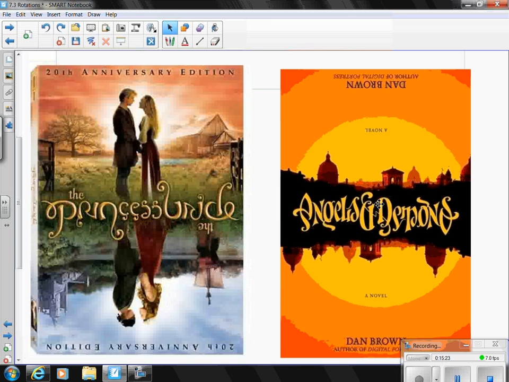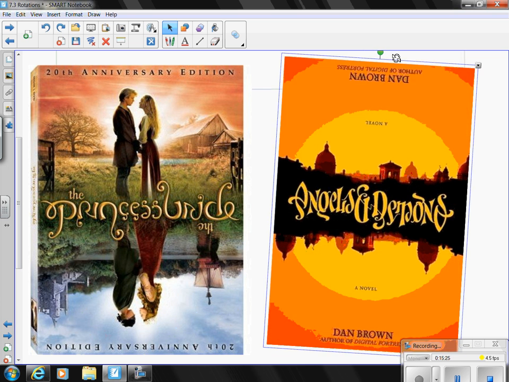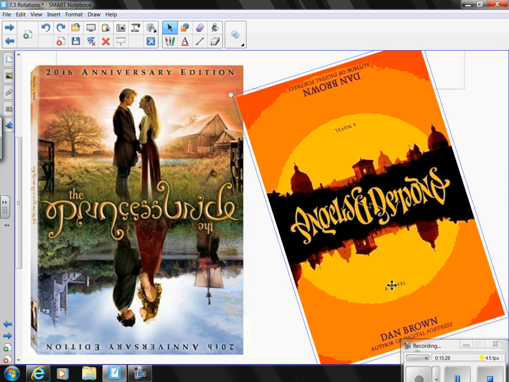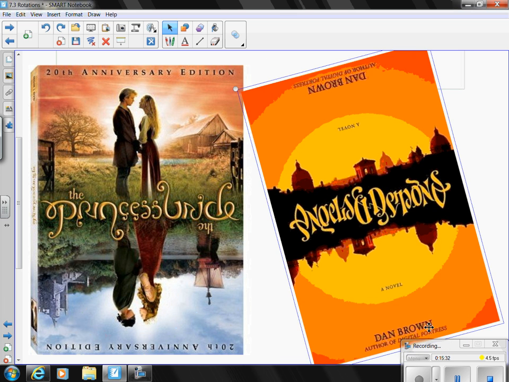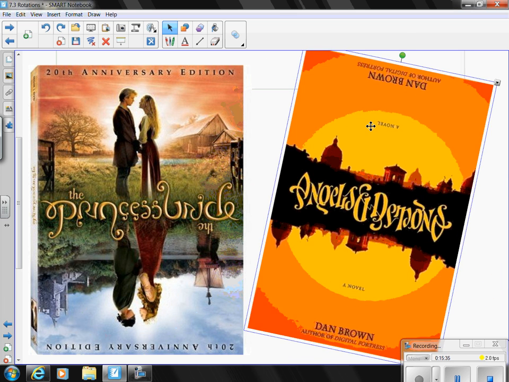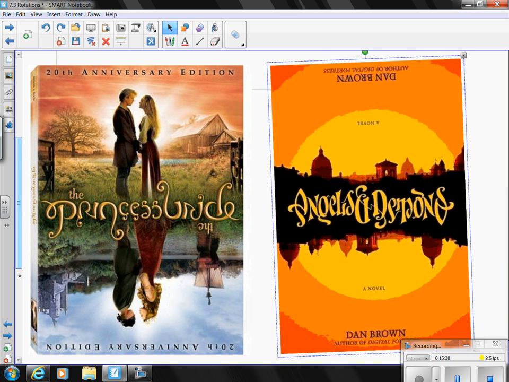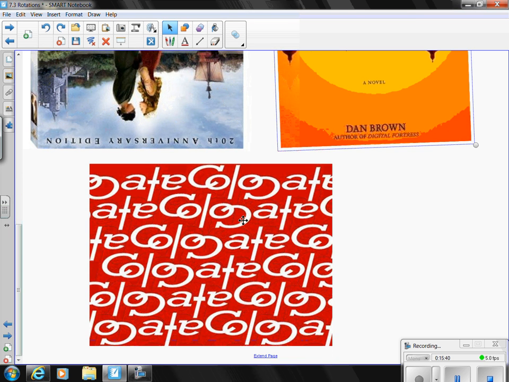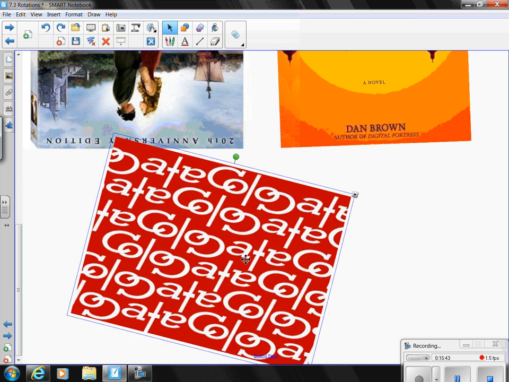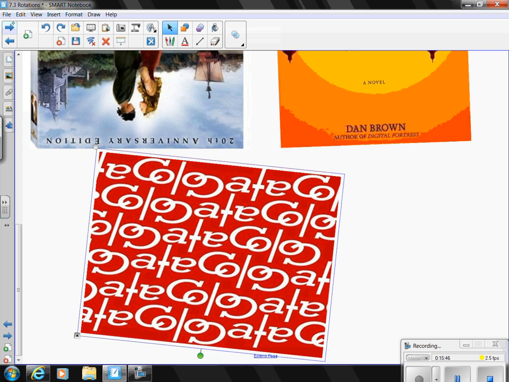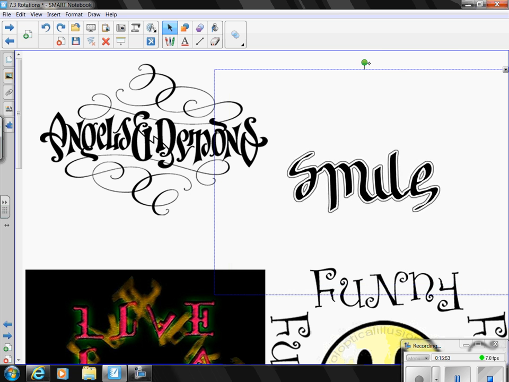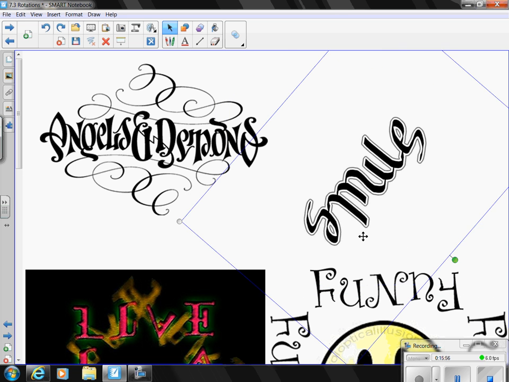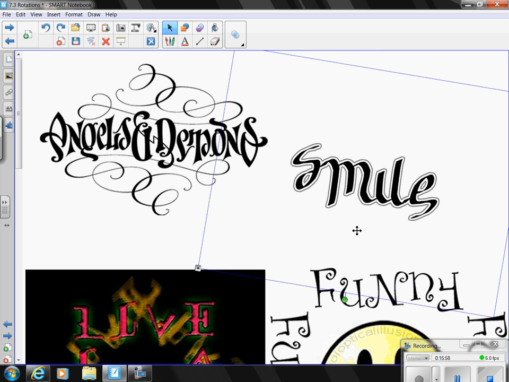Same with the cover of the book Angels and Demons. You rotate that 180 degrees, it still says Angels and Demons. Something you can search for on the internet, ambigrams. You can rotate them. Here's Colgate, works both ways. Angels, Demons again. Here's Smiles. If you flip your smile upside down, you might still have a smile.